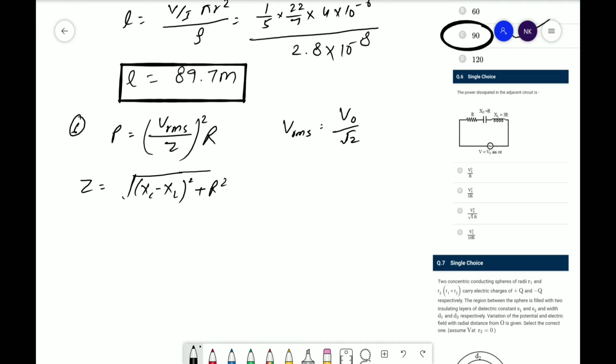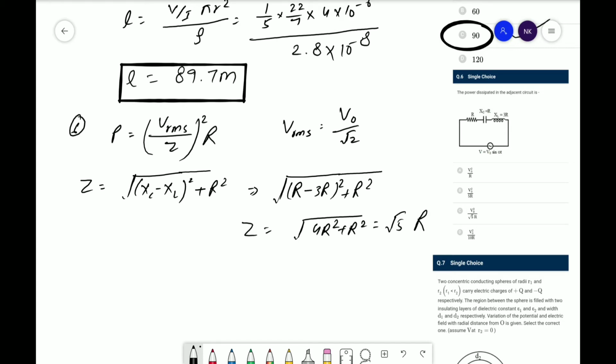Now Xc is given that R, XL is equal to 3R, hence Xc, R minus 3R whole square plus R square. So R minus 3R means minus 2R whole square, so it will be equal to 4R square plus R square, which is under root 5R. Therefore the value of Z is under root 5R.